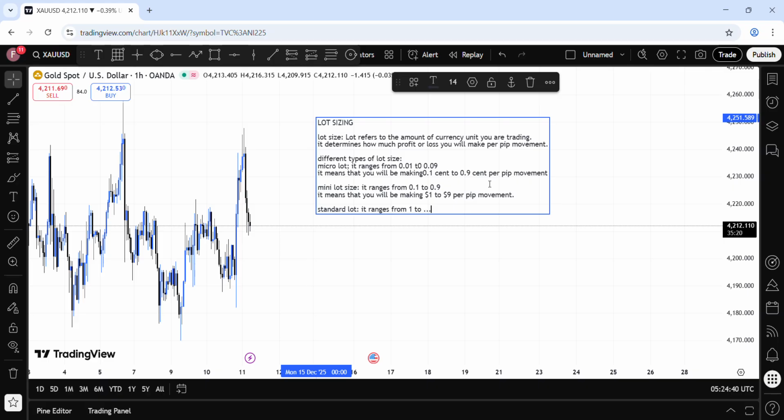It can be 1, it can be 10, it can be 100, it can be 500. That is the standard lot. This is for the big boys and big girls. As a beginner, you don't have business with this standard lot except you have maybe a 10K account, a 20K dollar account. You understand?